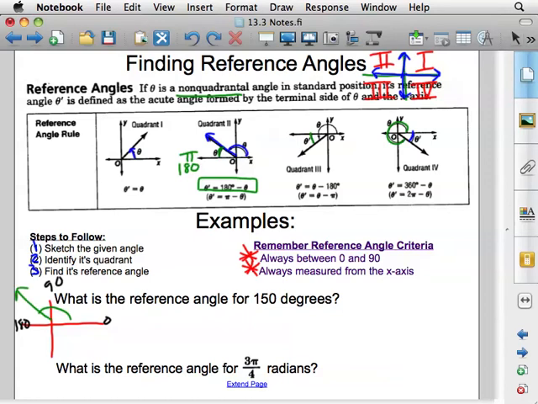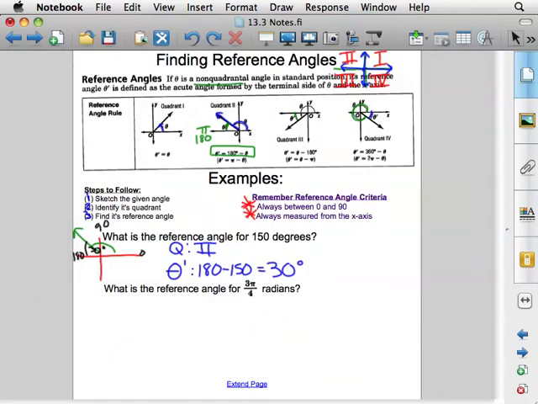So we can first identify our quadrant. The quadrant is the second quadrant. And our reference angle will be 180 minus the 150, which is 30 degrees. So where's that 30 degrees? Well, that is right in here. It's what's left to get back down to that x-axis.